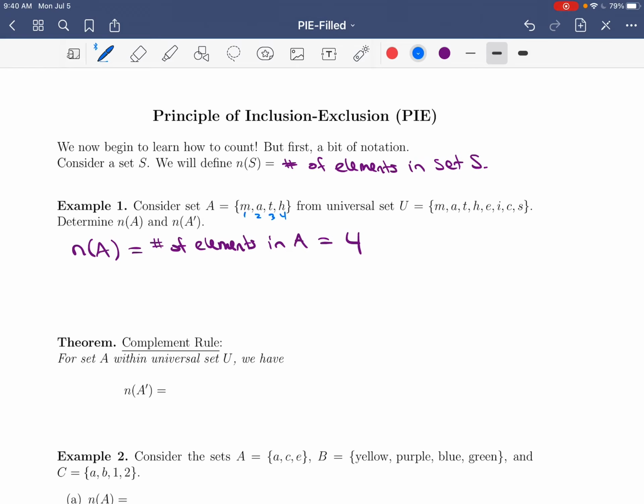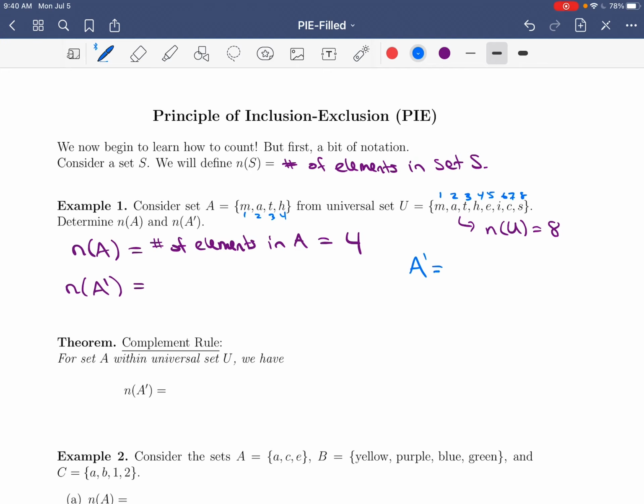Now in the universe, we could talk about the number of things in the universe. I see that there's 8 elements in the universe, so that would be 8. But if we want the complement, the number in A complement, we could find this by determining what A complement is.